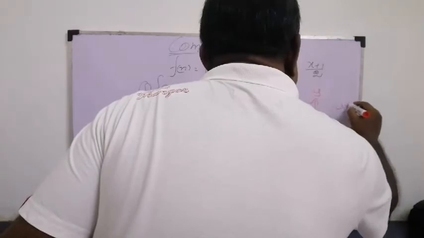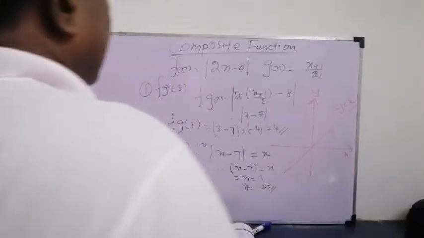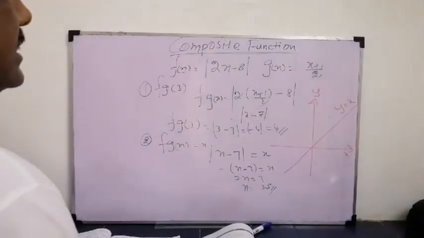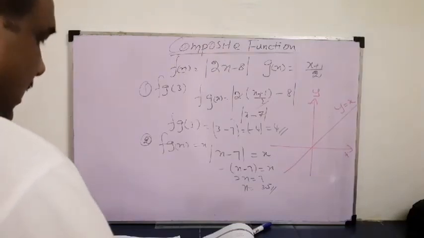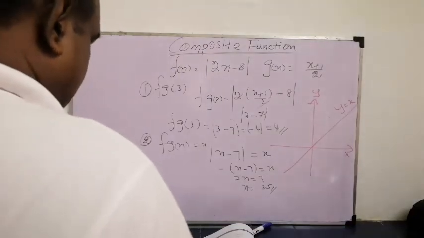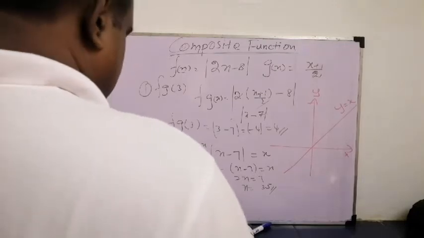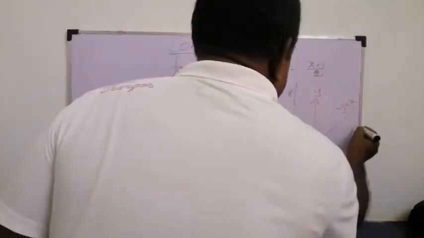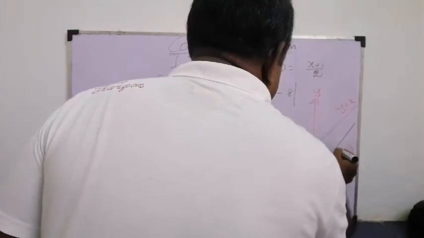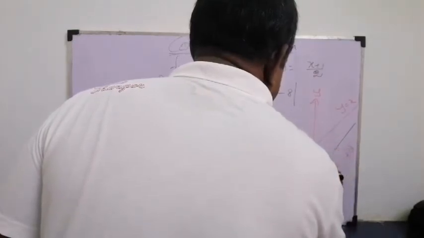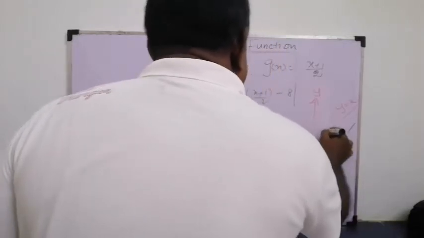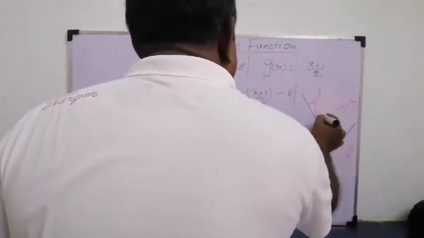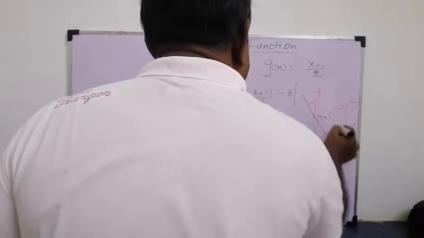Other one is going to be the graph of mod x minus 7, in another color. It's going to be 0, minus 7. So then we reflect that. It's going to be 0, 7.